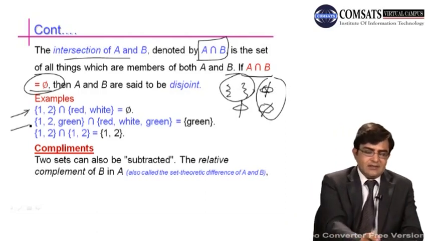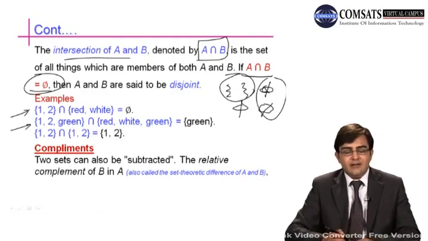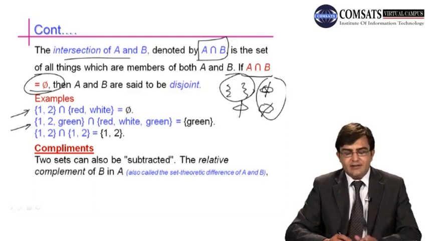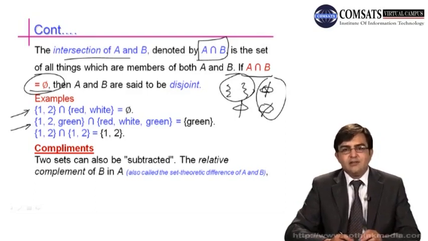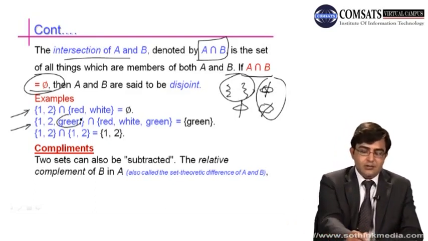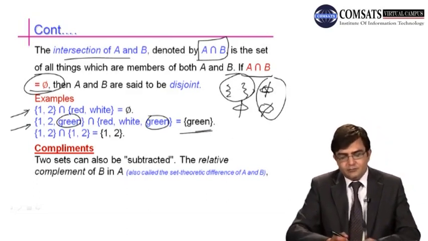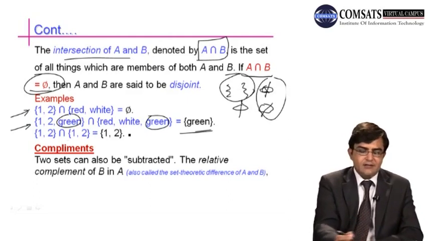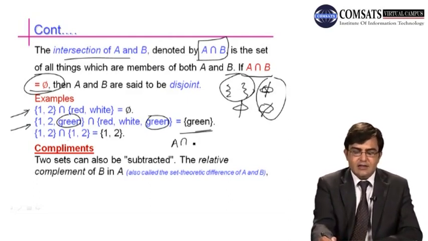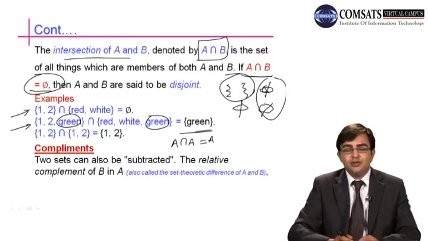Another example, the second example, the same as we have seen on the previous slide. If we take the intersection of {1, 2, green} and {red, white, green}, there is only one common element in these two sets, which is green. So in the intersection we have green. The intersection of a set with itself, A intersection A, is always A, as we have seen in the case of union.